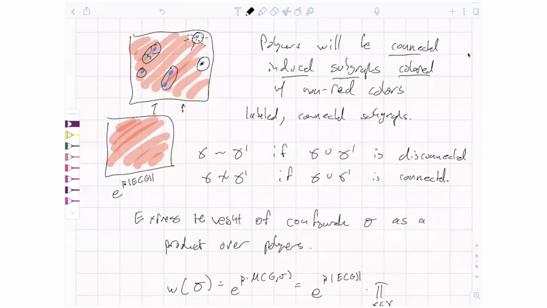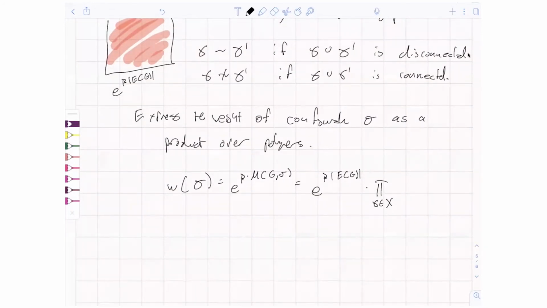If one of these edges went to a green vertex, then that green vertex would be part of this polymer. So we know all the outgoing edges of this connected induced subgraph go from a vertex that's not red to a vertex that's red. And so we get a penalty: e to the minus beta times the size of the edge boundary of gamma.